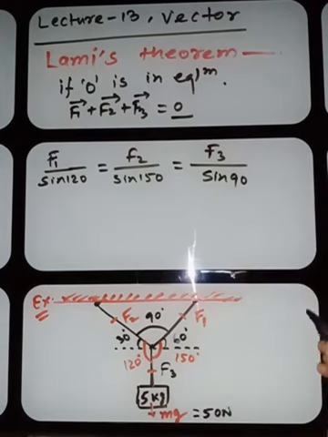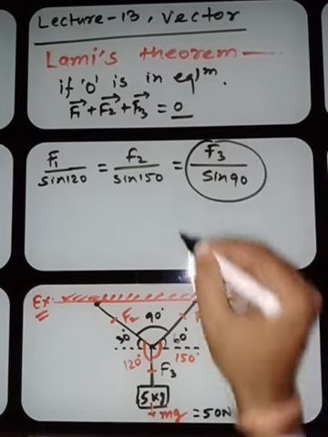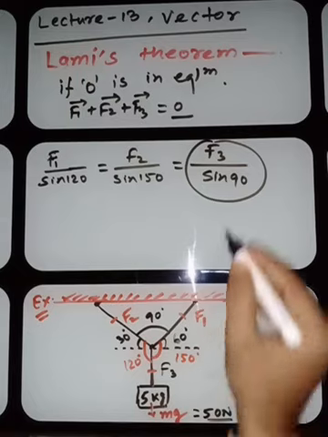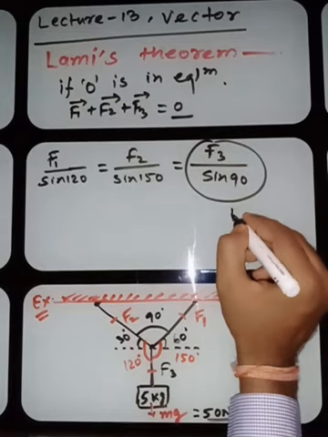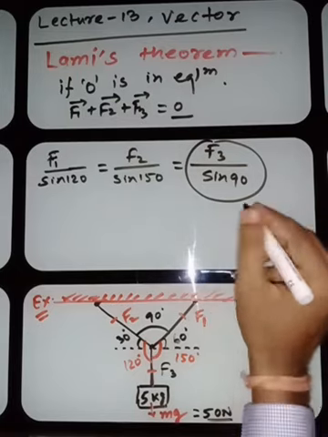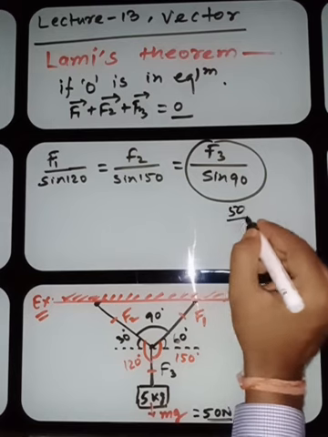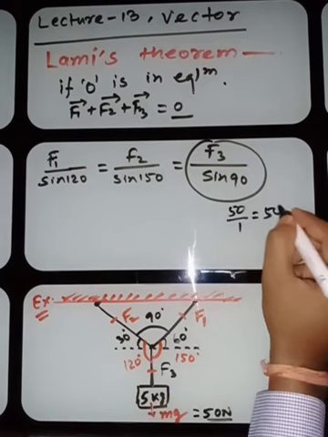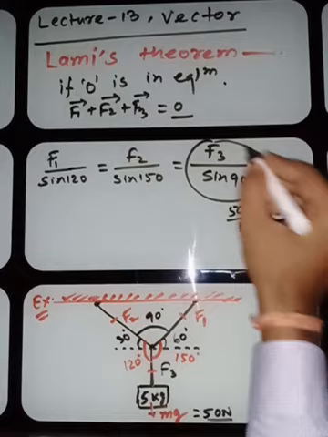This is an entirely known value. F3 you have as 50 Newton, and sine 90 is 1. So you can write here 50 by 1, which is 50 Newton. Alright, you have the value of this one.